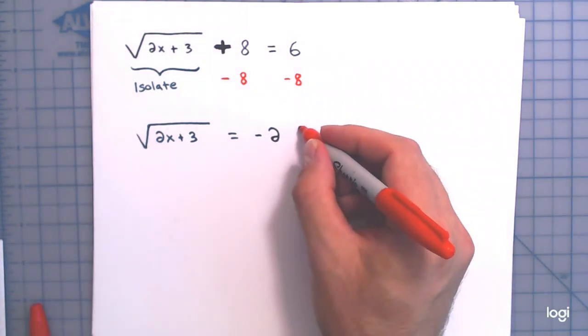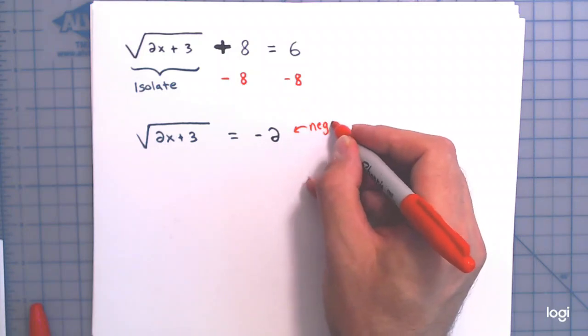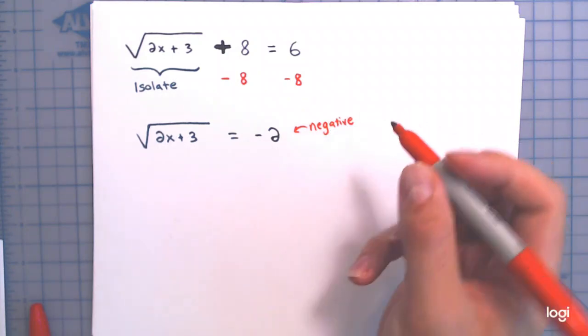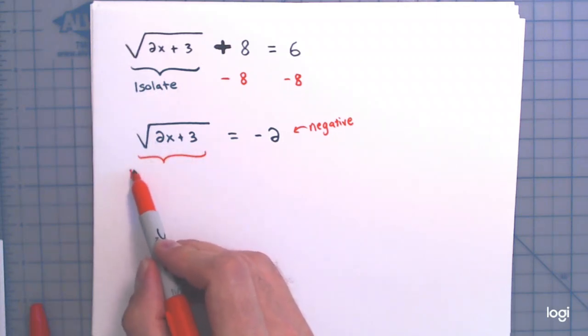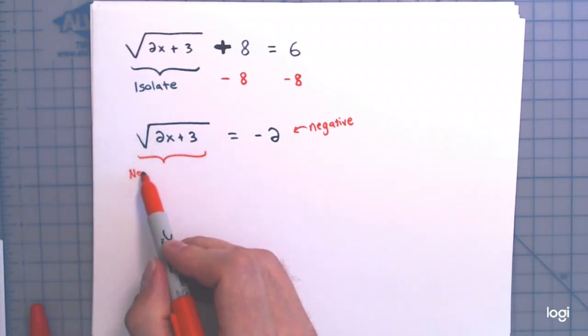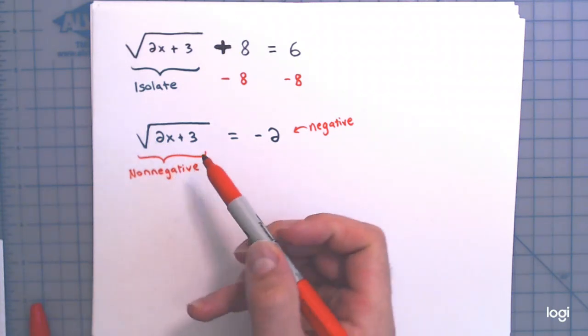But this side is a negative number. So this side is a non-negative number. When you see the symbol, that means it is the non-negative root.